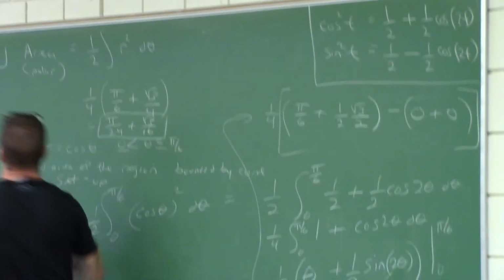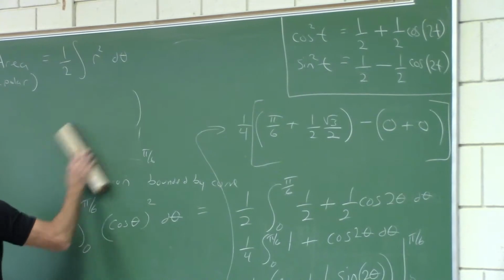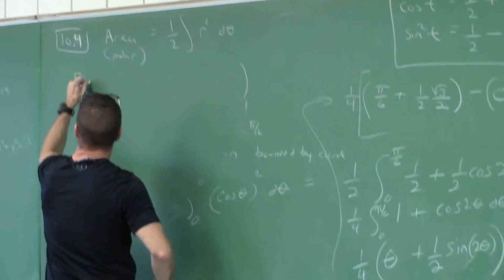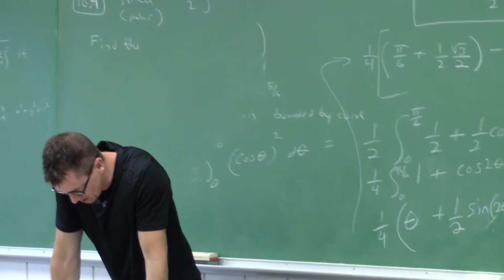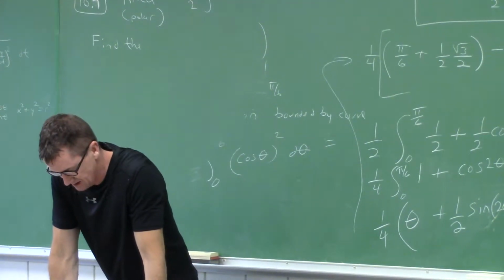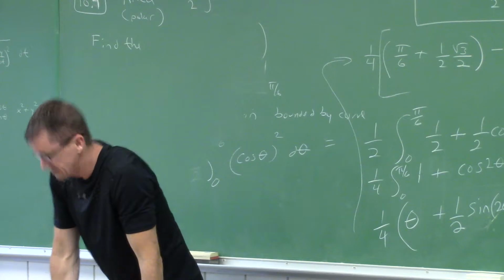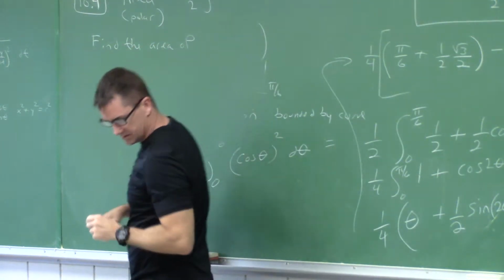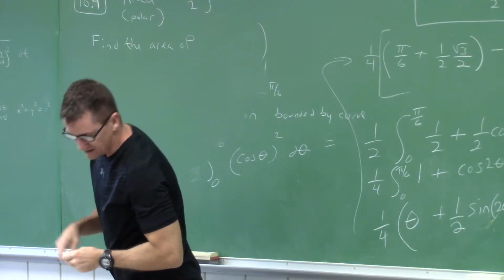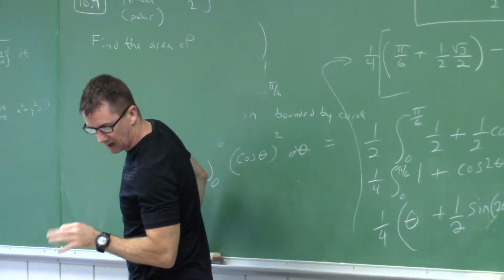We're looking at what about? I got to find the area. I'm going to a problem like number 17. Find the area, or 19. Find the area of the region enclosed by one loop of the curve.